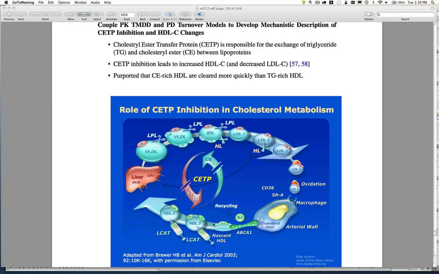And again, in theory at least, potentially cause a reduction in this oxidative damage, and so a reduction in cardiovascular risk.